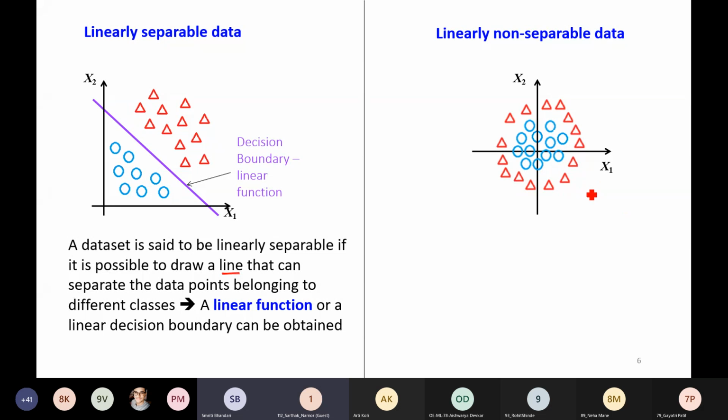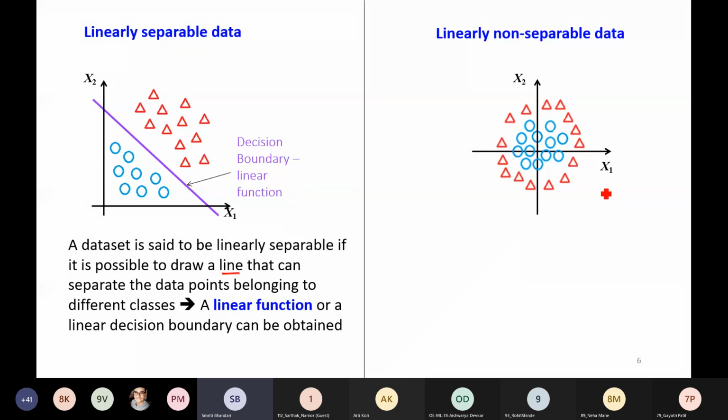Do you agree with me? Yes, ma'am. So if I want to classify these samples into two different classes, then as the distribution of data is as shown here on this figure, it is not possible for me to come up with a linear function that segregates my data.